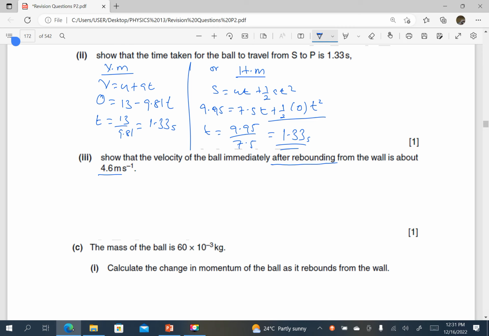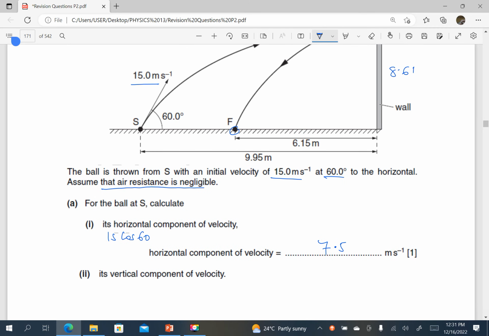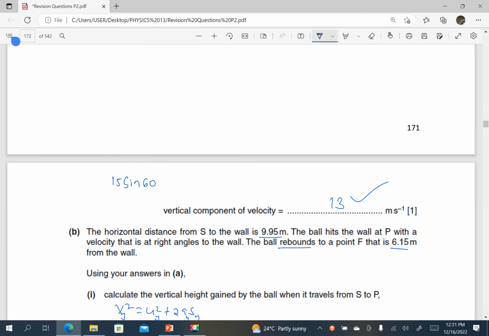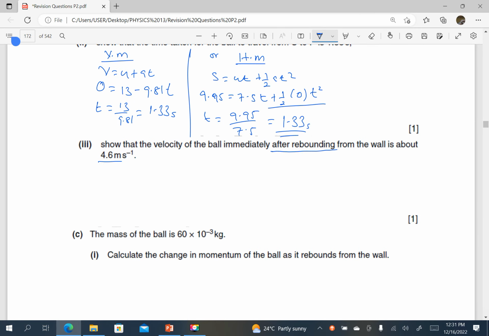So note that when it rebounds, it travels a horizontal distance of 6.15, but the time it takes to arrive is going to still be 1.33 because it falls through the same vertical height. So the time is the same. Therefore, S equals UT plus a half AT squared.